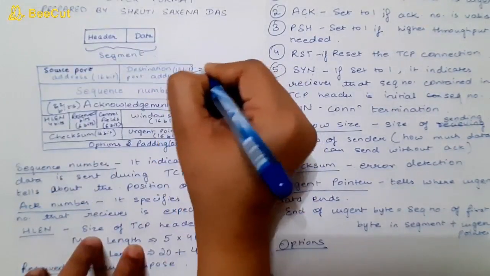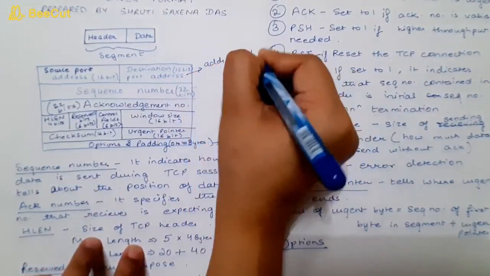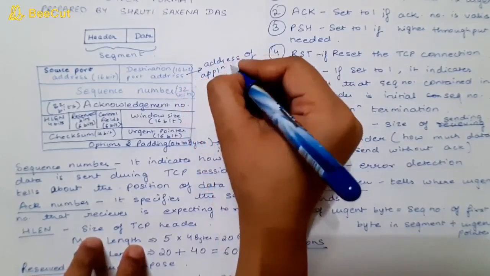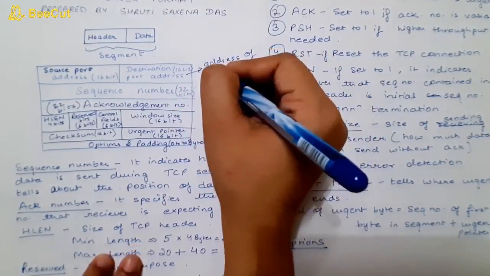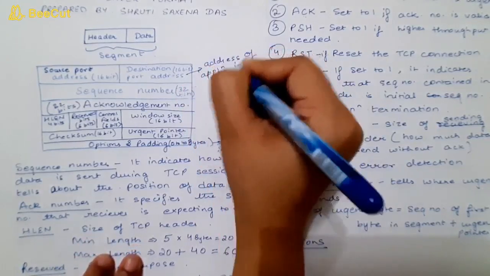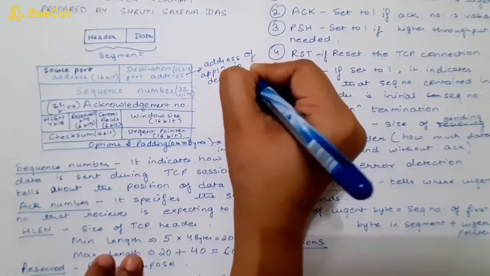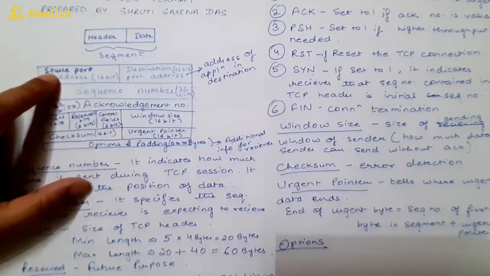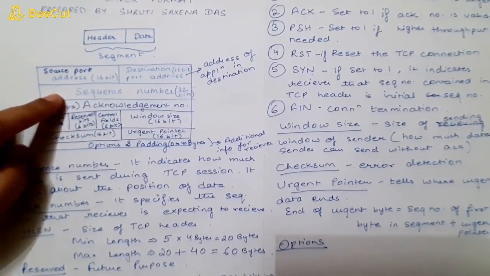Only this one is left which I have not written, so I will mention it over here: address of applications or processes which are running on the systems. This is the address of the application at the destination, and this is the address of the application at the source. Sequence number will indicate the position of data in the stream of bytes.